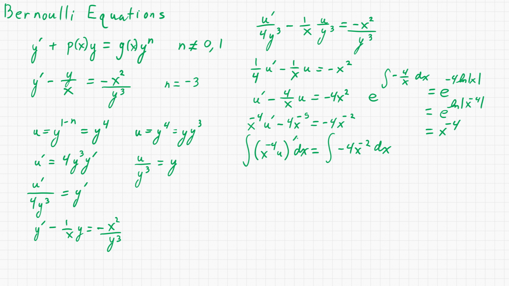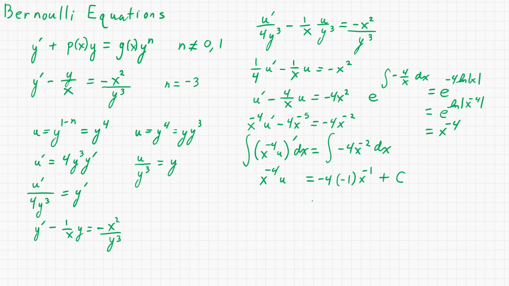The indefinite integral and the derivative essentially cancel. We get x to the negative 4 times u equals, we still have our negative 4. For this one, you increment the power, so it's going to end up being x to the power 1. To cancel out the power later, we need a negative 1 in front. Then we have our plus c.